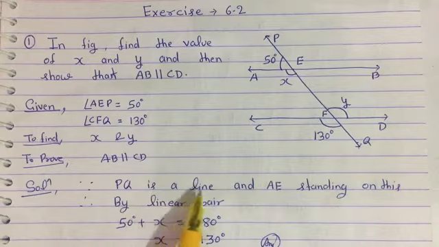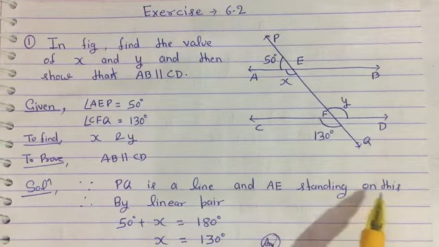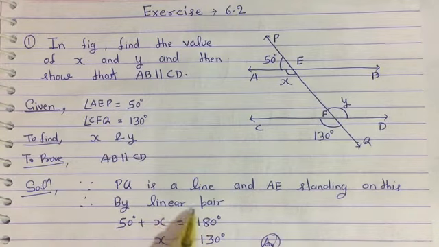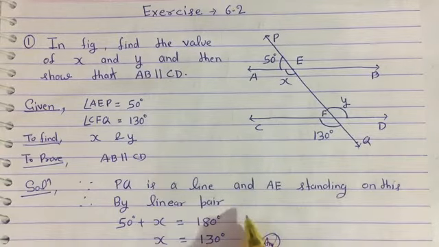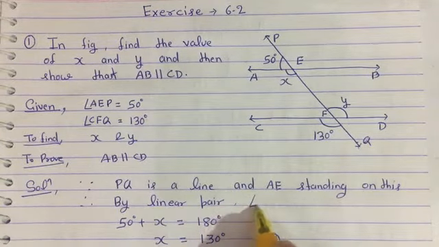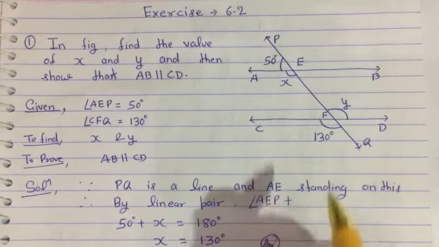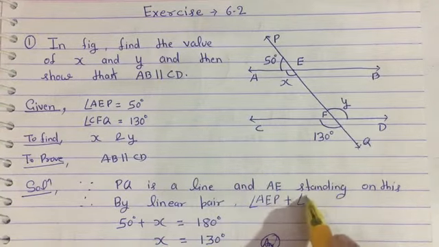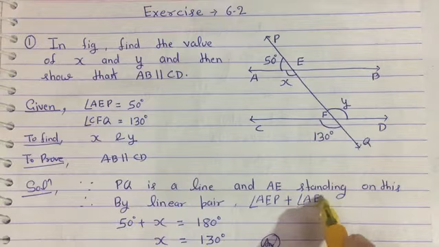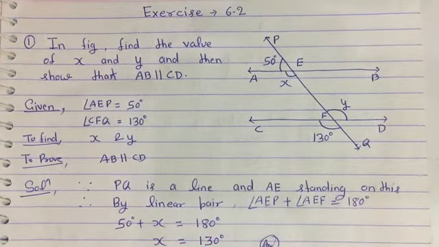Since PQ is a line and AE is standing on it, therefore by linear pair, you can write angle AEP plus this angle AEF is equal to 180 degree.